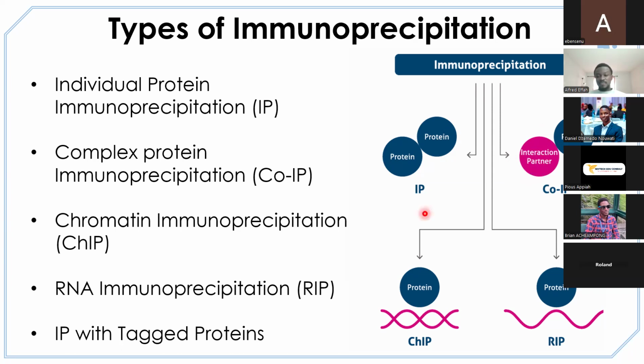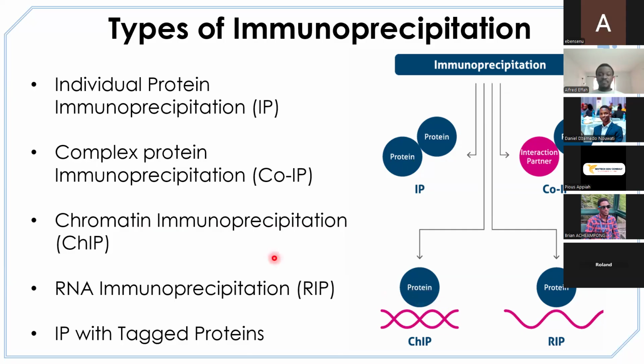Now, another type of immunoprecipitation is to look at what proteins are being bound to, let's say, the DNA. So we have chromatin immunoprecipitation. We have the histone. Histones can be modified by methyl groups and other things, acetylation and what have you. So we want to find out if there is anything that is bound to our histone.